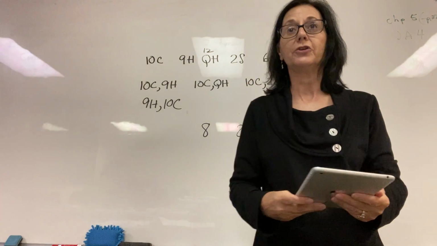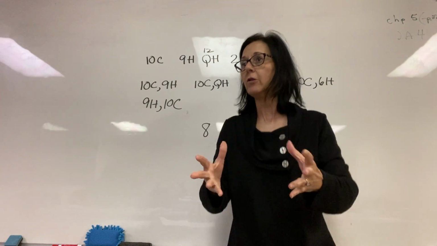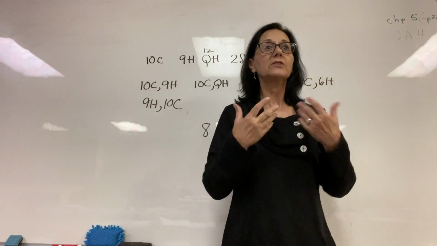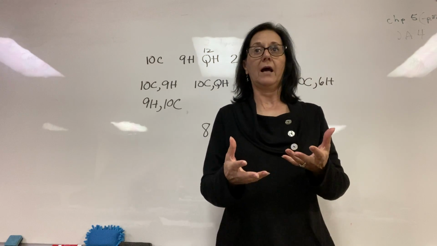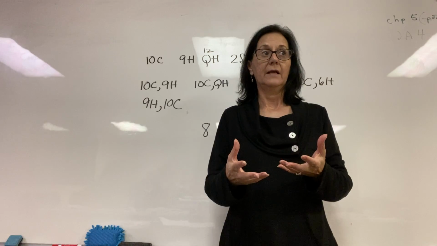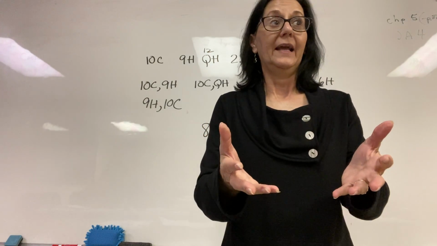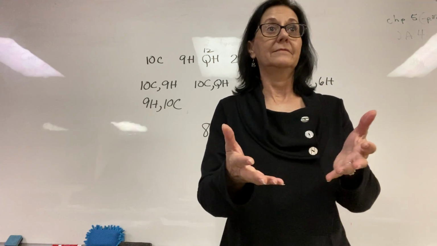And that tells you if I keep rolling, do you know what's going to show up the majority of the time? A sum of 7. That's what I should expect, is to roll a 7.